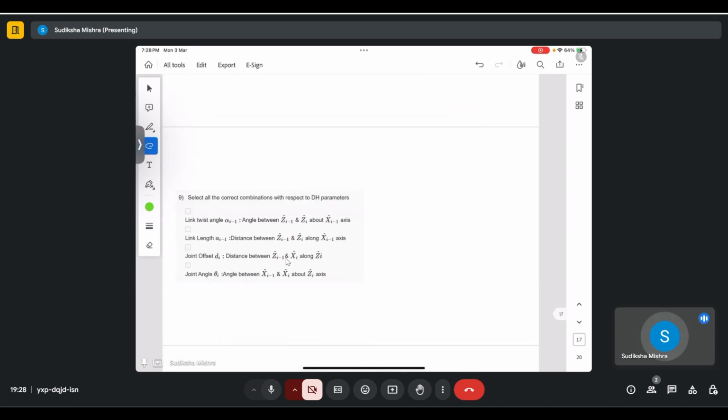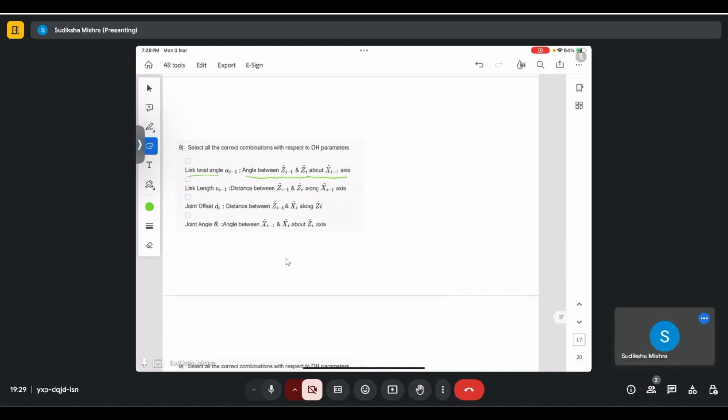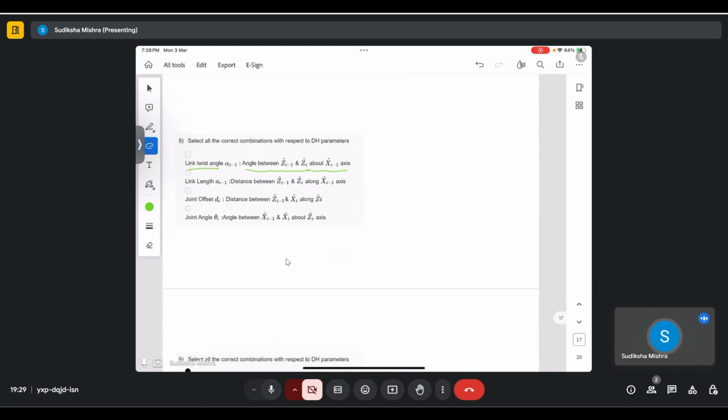Select all the correct combinations with respect to DH parameters. Link twist angle alpha i is the angle between z i minus 1 and z i about the x i minus 1 axis. Link length a i minus 1 is the distance between z i minus 1 and z i along the x i minus 1 axis.